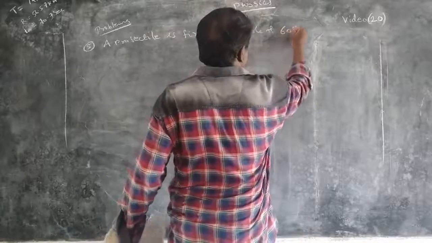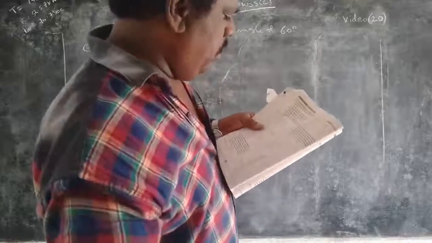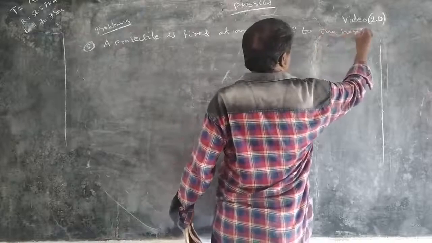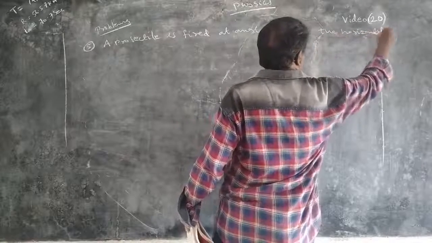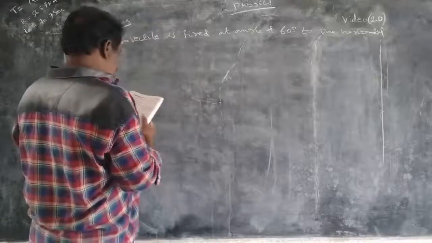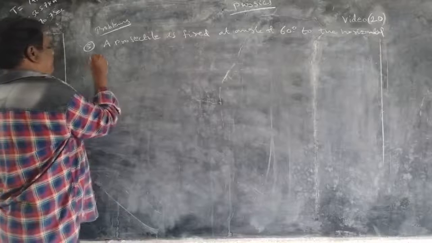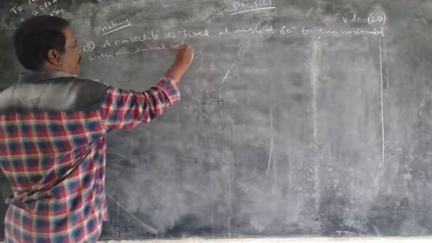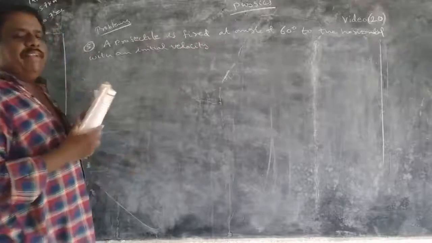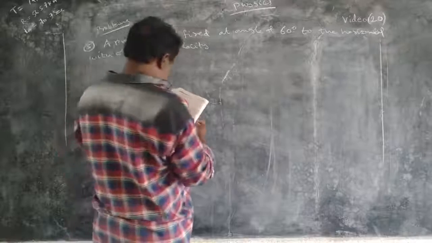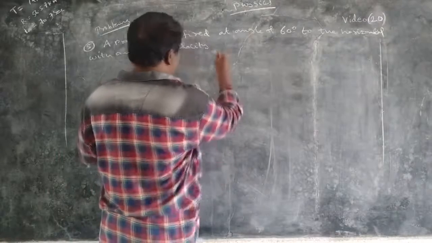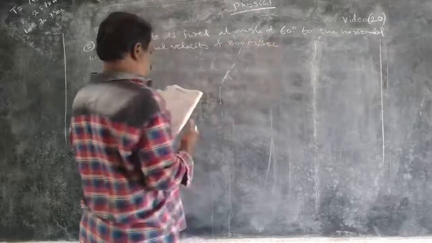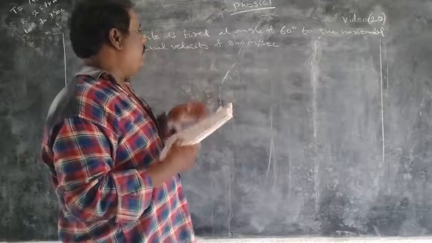The angle of 60 degree to the horizontal with an initial velocity of 800 meter per second. So what we have to find in this problem?